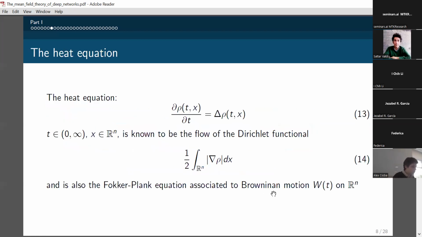Okay, so actually, it's a little bit easier to conceptualize if you look at the heat equation. This is the standard heat equation, which is known to be an L2 flow on the Dirichlet functional. There is a typo here. This should be a square. And it is the Fokker-Planck equation associated to Brownian motion.